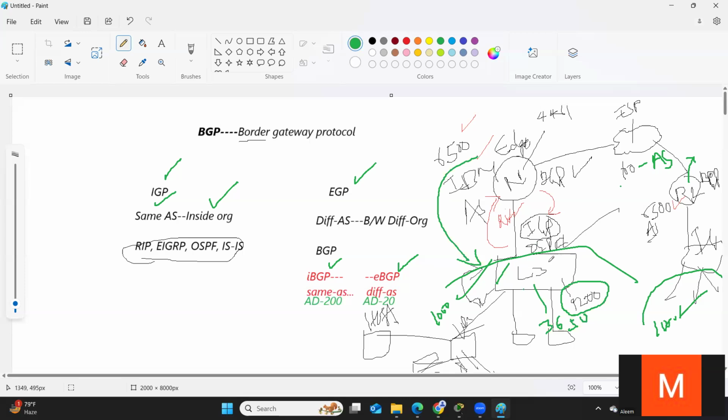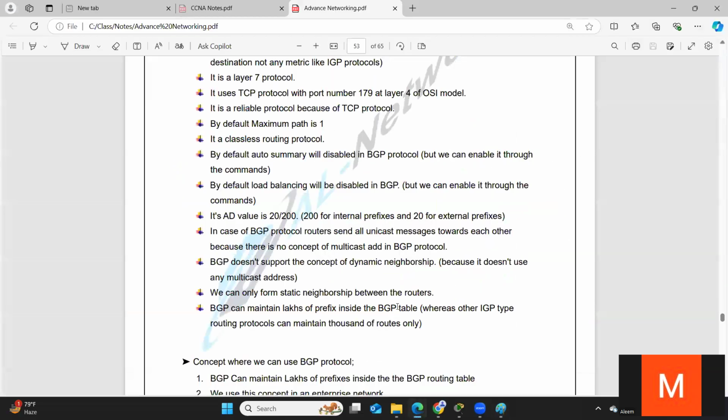These L3 devices cannot take that much CPU utilization at a time, so it will hang the device if you increase the load. BGP is the only protocol that can maintain lakhs of prefixes in the routing table, whereas other IGP routing protocols can maintain only thousands of prefixes.